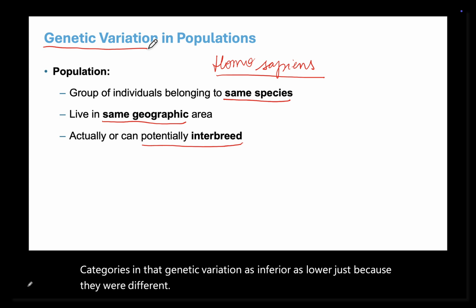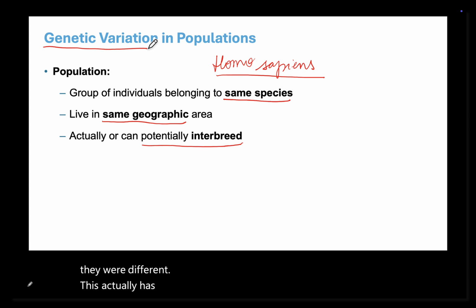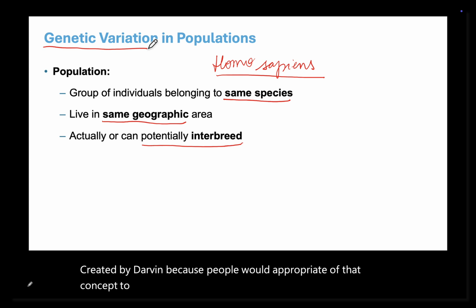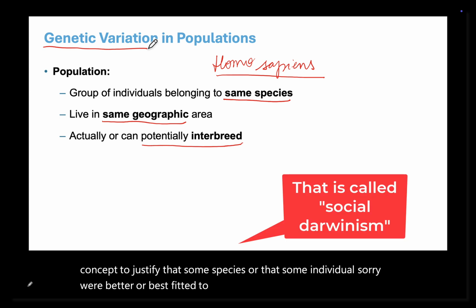This actually has some relationship with the natural selection concept created by Darwin, because people would appropriate that concept to justify that some species, or some individuals, were better or best fitted to that environment.